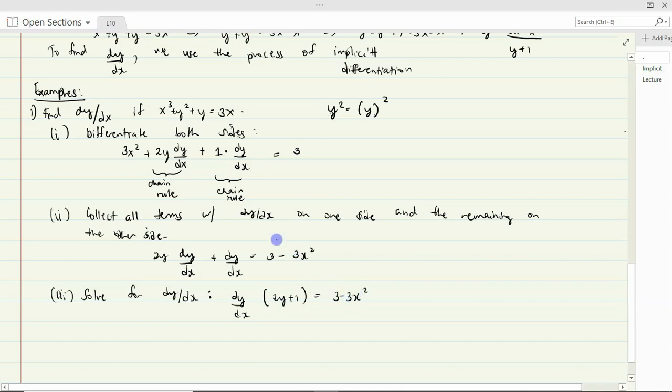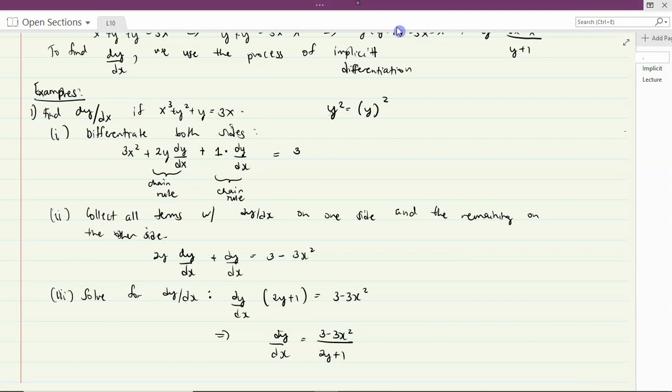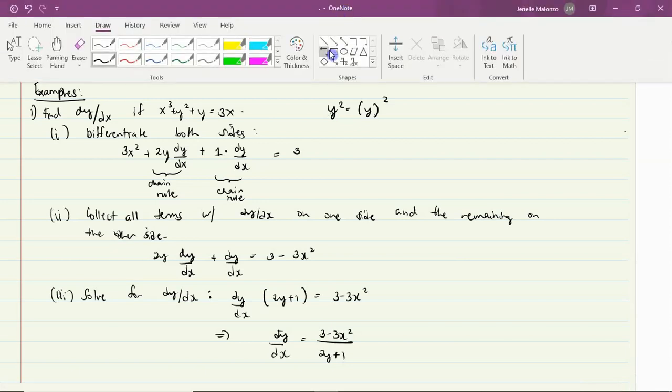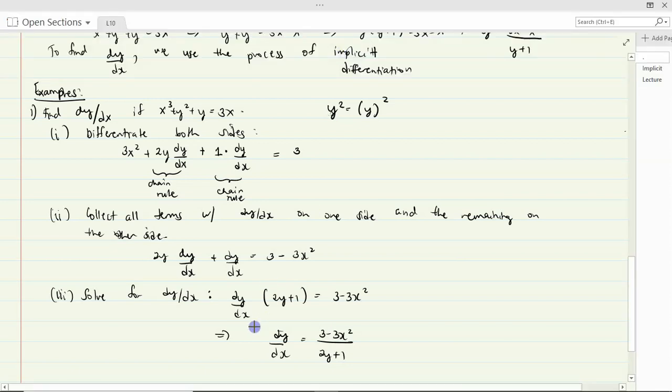And then, paano natin makukuha si dy dx? We just divide both sides by 2y plus 1. So, you'll have dy dx equals 3 minus 3x squared all over 2y plus 1. And that is your final answer.